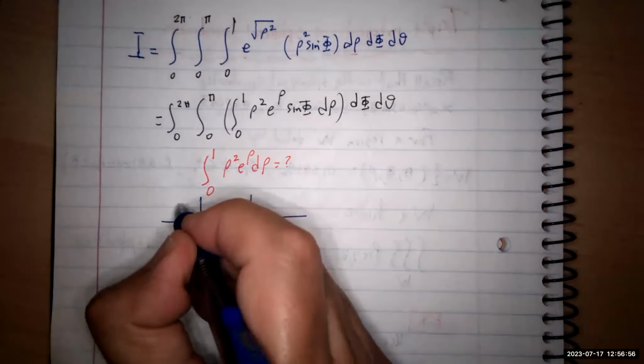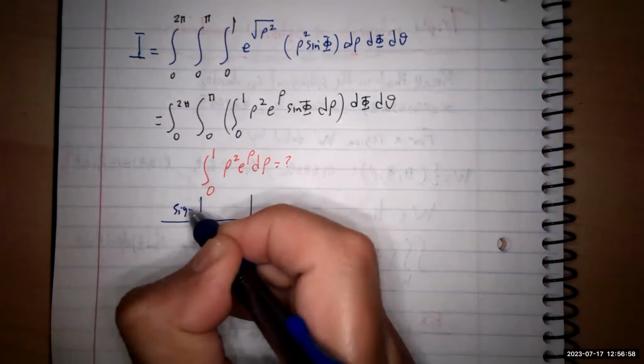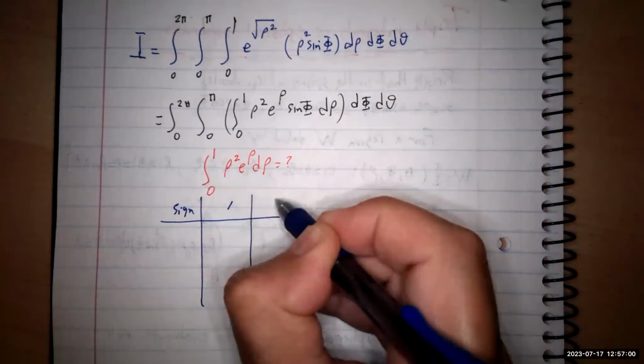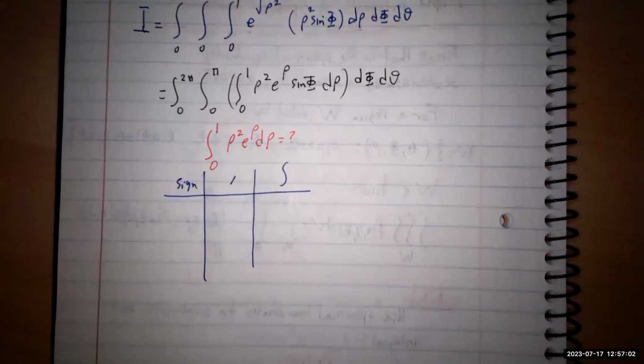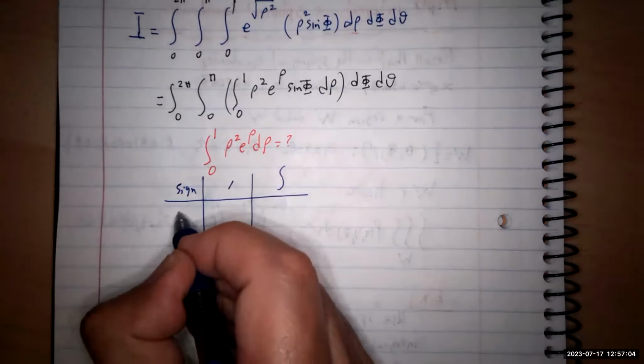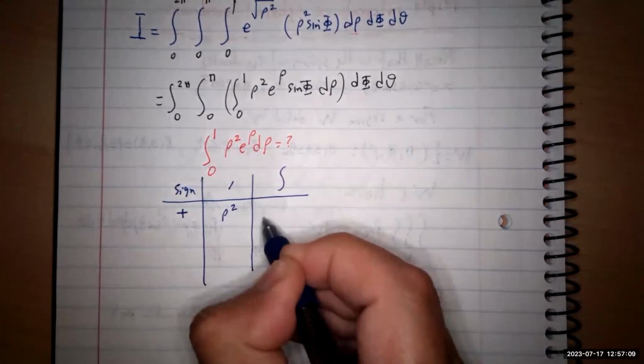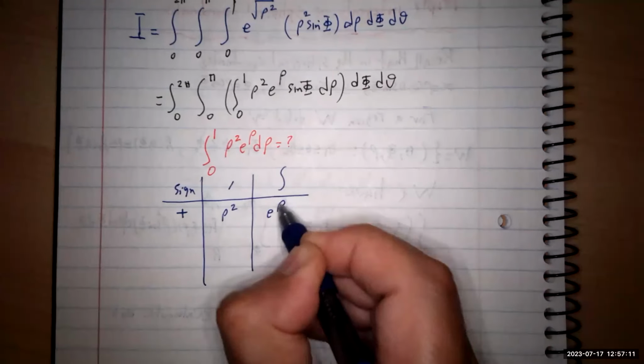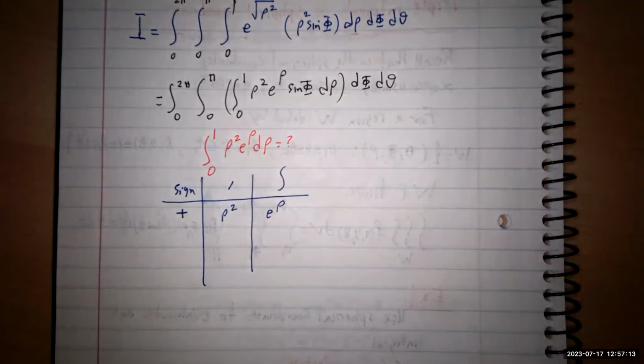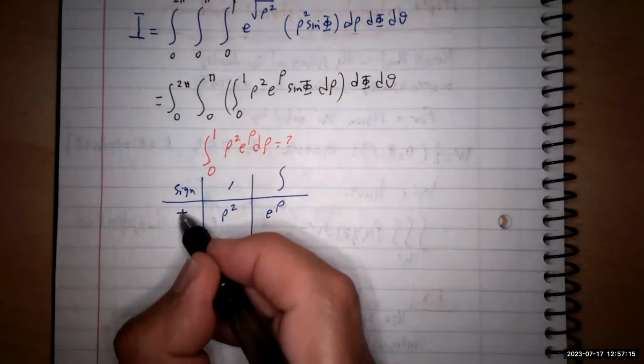This is going to be the sign. In this column you differentiate, in this column you integrate. So start with the sign positive, you put that power function here, rho squared, and this is going to be e to the rho.